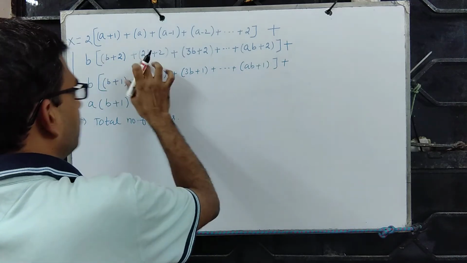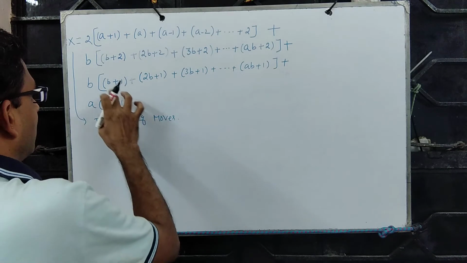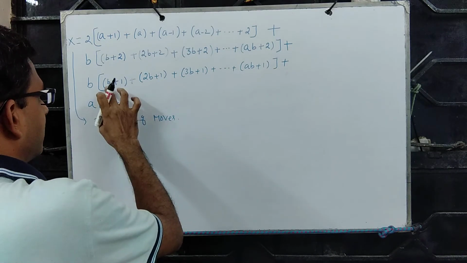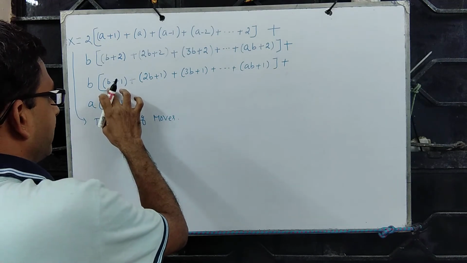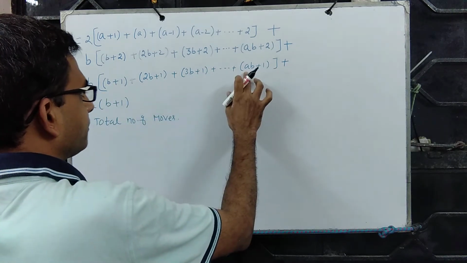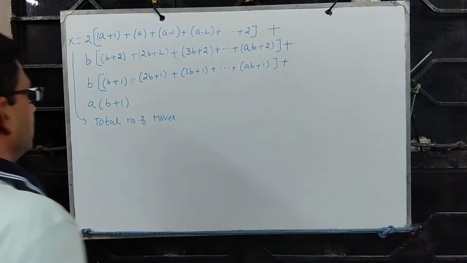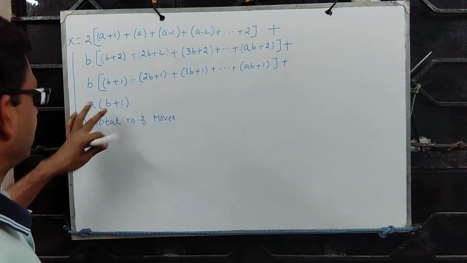So this is 1B, 2B, AB, so this is appearing A times. And again you can take this B out, you get to see 1, 2, 3 up to A, and this 1 is appearing A times, and on this side it is AB.